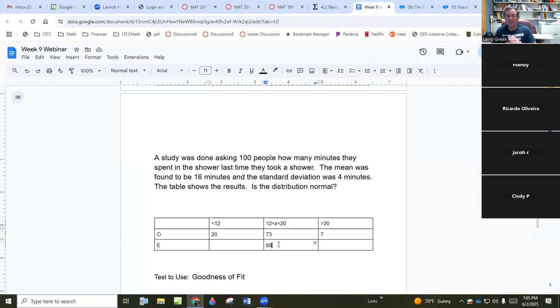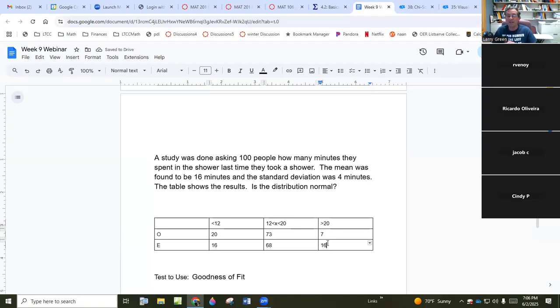Not too hard a question. If there's 32% outside and it's symmetric, what percent will be to the left? It's not 18, yeah, 16, because 32 divided by 2 is 16. So 16, and 16% of 100 is 16, will be both of these, 16.